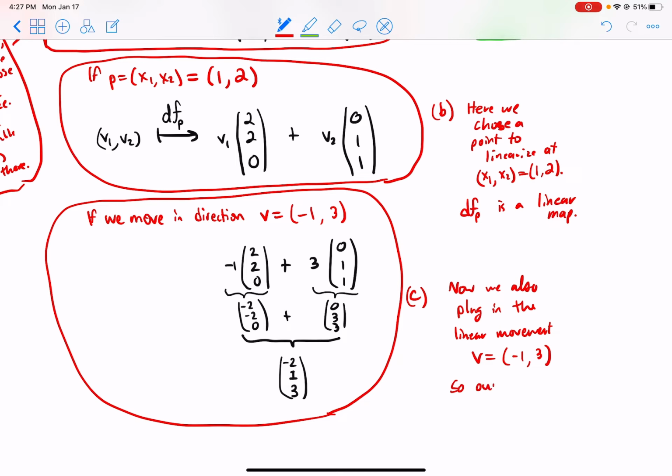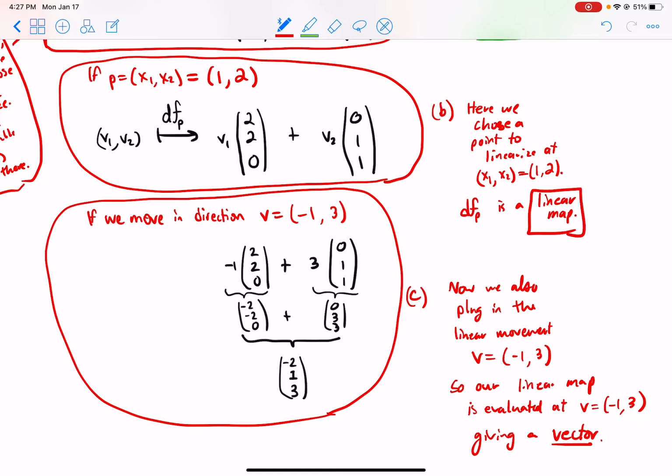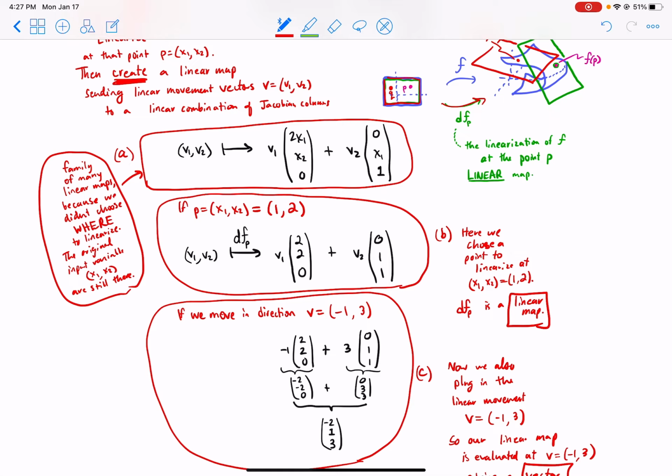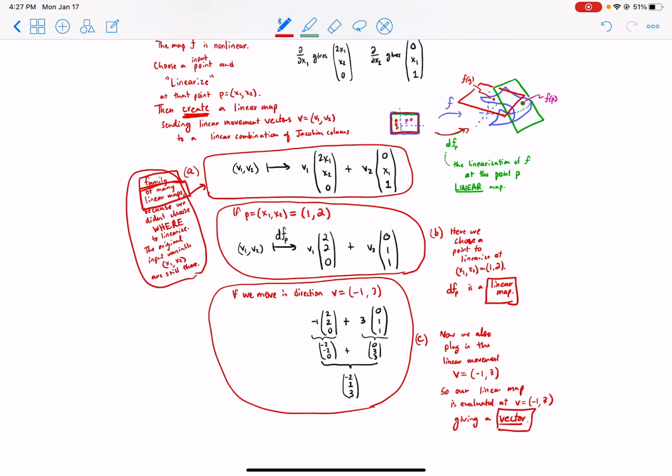So our linear map is evaluated at v equals -1, 3, giving a vector. So here we had a linear map, here we had a vector, and here we had many linear maps, or a family of many linear maps.